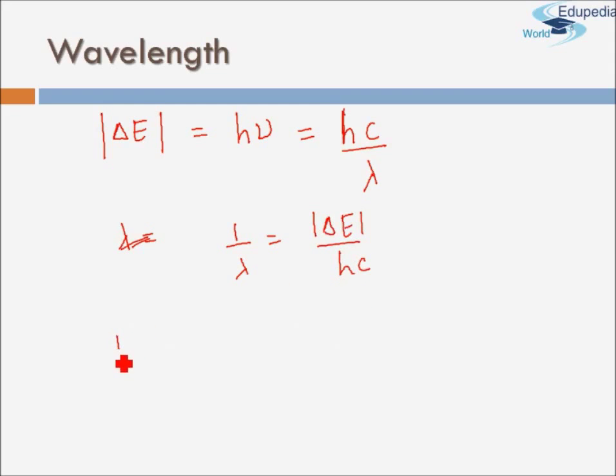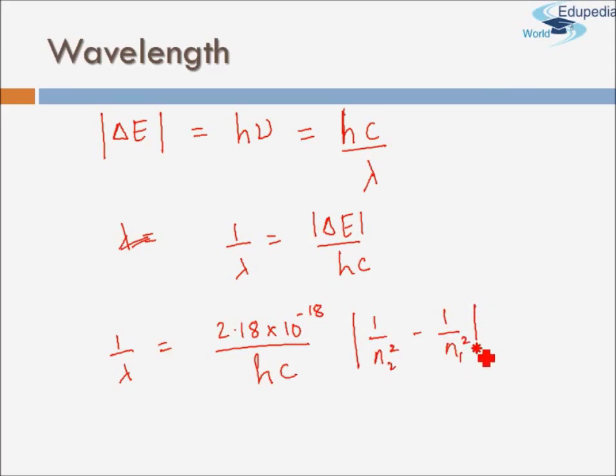So 1 by lambda becomes mod of delta E, which was 2.18, forgetting the negative sign since mod is there, divided by hc, and mod of 1 by n2 square minus 1 by n1 square. So this is mod. Basically you have to calculate the positive value of this. So this is what the formula for calculation of wavelength looks like.